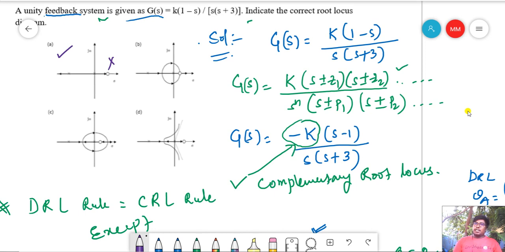This is not a direct root locus, right? And this one, see here, there is one root locus and this is one root locus, so this is also wrong. And see here, whatever we got is exactly located in this one, right? So this is the right answer. C is the right answer in this case. Check this one, this is also wrong, and the branches of the root locus are also wrong here. So this is our right answer. C is the right answer.